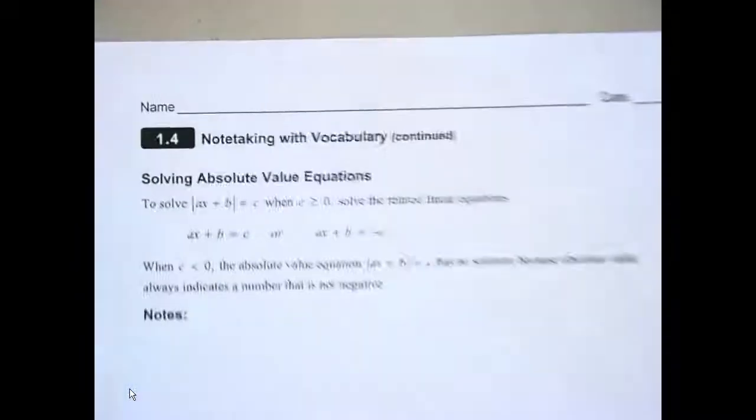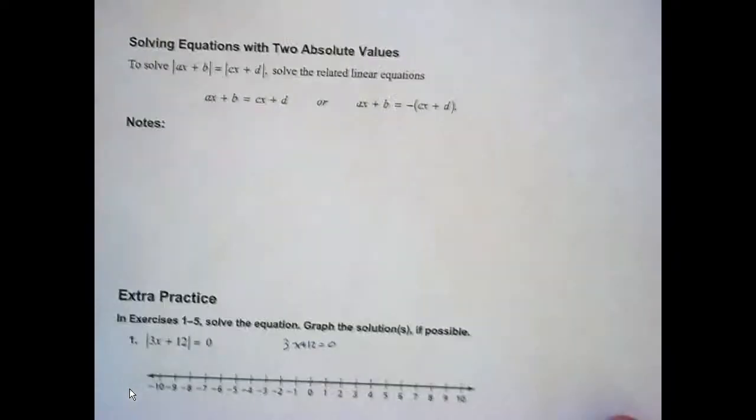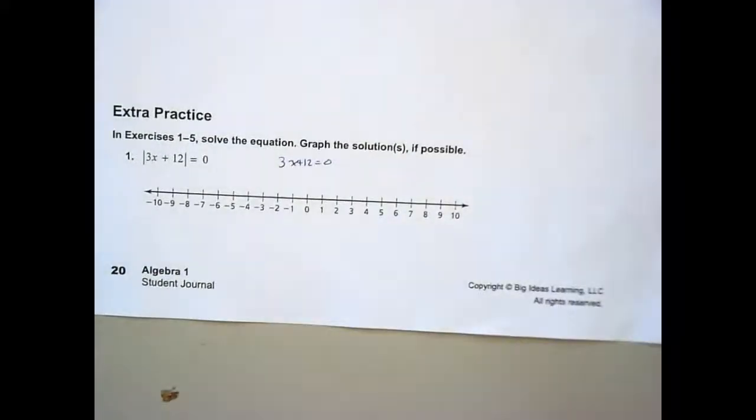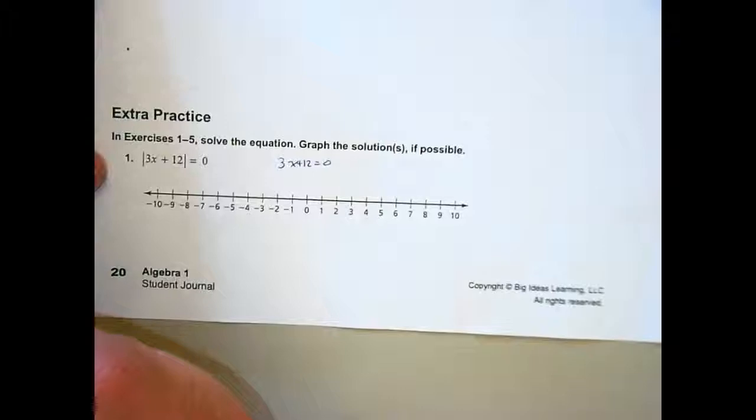Okay. So yesterday you were asked to do these problems, and we left off saying, hey, 3x plus 12 could equal 0. A real quick reminder, when you're dealing with absolute value, a couple things about your solutions.